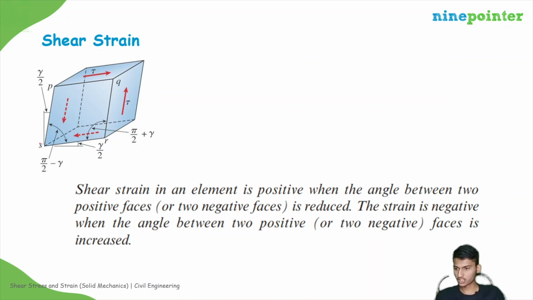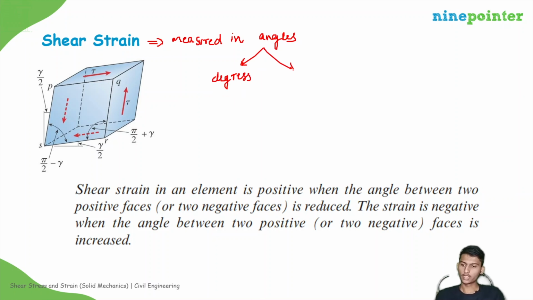Okay, so shear strain will be measured in angles, right? So it can be represented in degrees or in radians. So we need to have some sign convention, right?